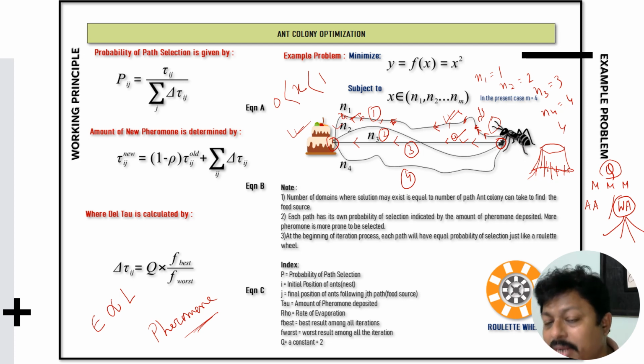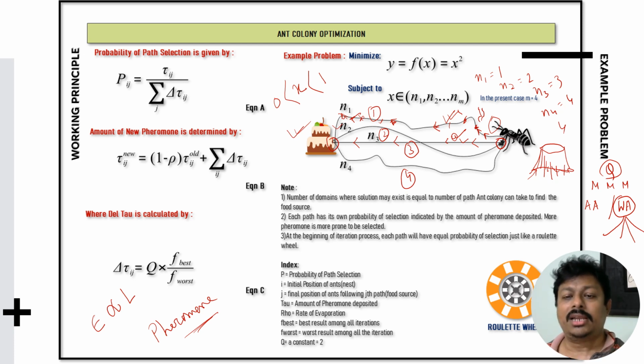But once a better, shorter path is detected, what happens? As it is short in length, the pheromone cannot evaporate within that short amount of time. So a greater amount of pheromone stays there, which attracts the other ants, and they follow that path and deposit pheromones while going and while returning.